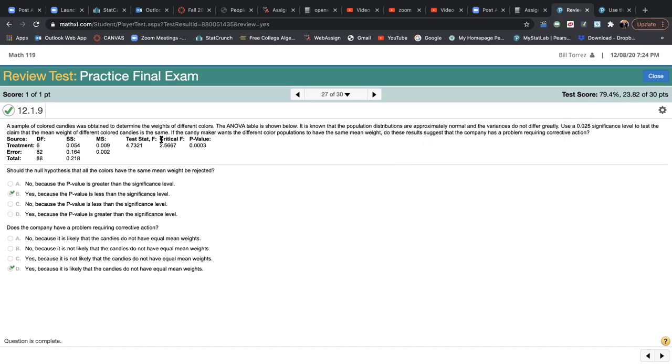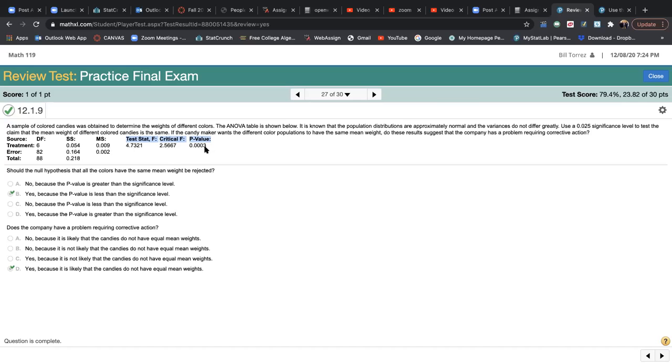Okay, so here are the statistics that we really need, right? The test stat F is 4.7321. The critical value, based on the degrees of freedom in the numerator and the denominator, is 2.5667, and the p-value is small.